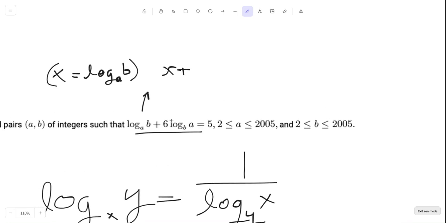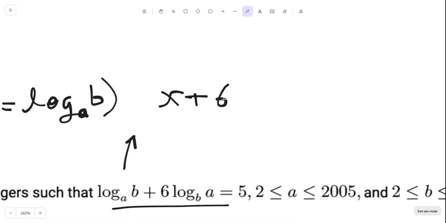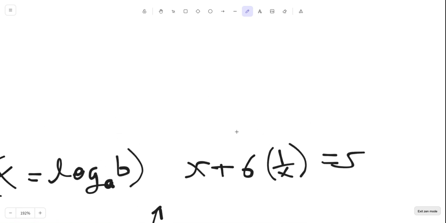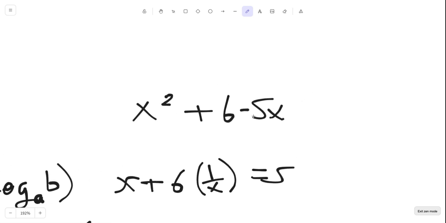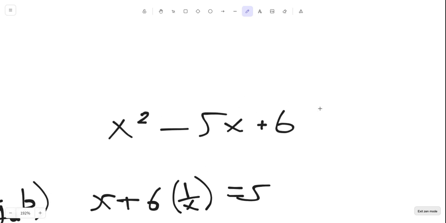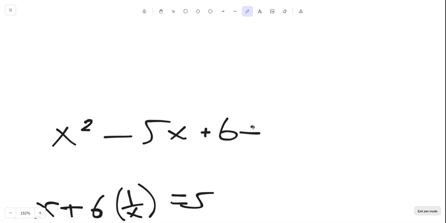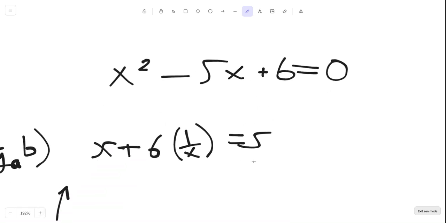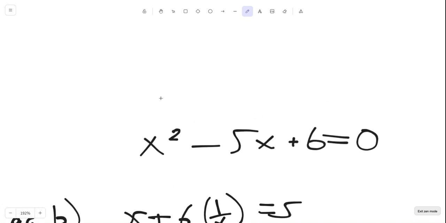So using this identity, it's going to be 6 times 1 over x is equal to 5. And then we can multiply both sides by x. I move the 5x to the left side after multiplying everything by x. This is clearly equal to (x minus 2) times (x minus 3).